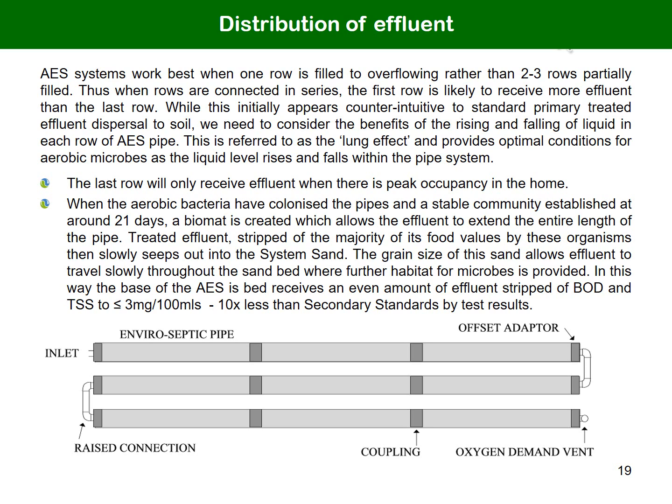In this way, the base of the AES bed receives an even amount of effluent, stripped of BOD and TSS to less than 3 milligrams per 100 millilitres, or 10 times less than secondary standards by test results. Note, the last row will only receive effluent when there is peak occupancy in the home.